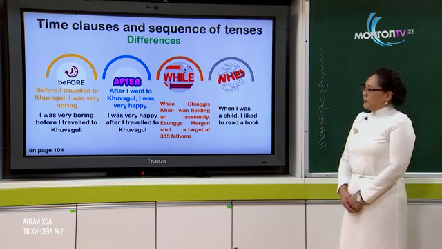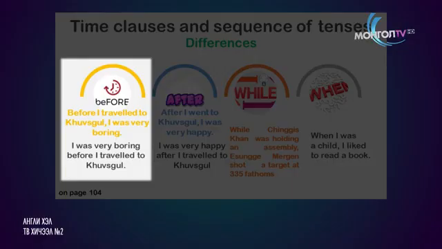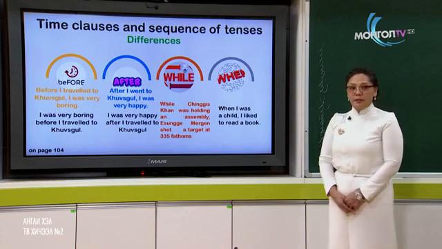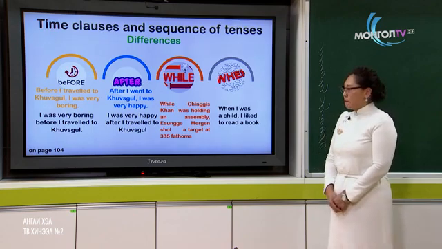Okay, let's see before. Before I traveled to Hovsgol, I was very bored. The main sentence is I was very bored, and time clauses always go together with main sentences.